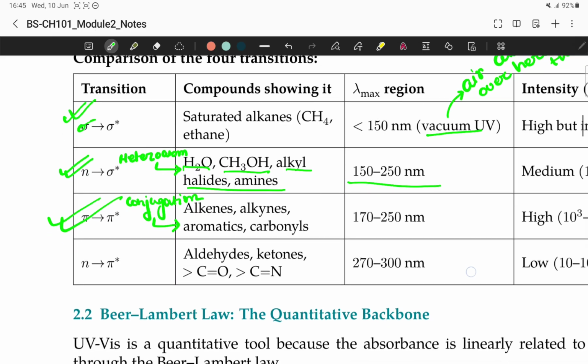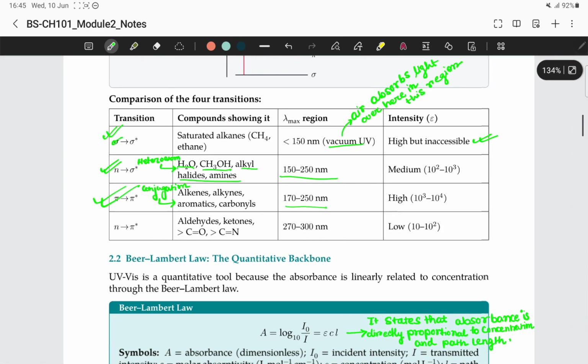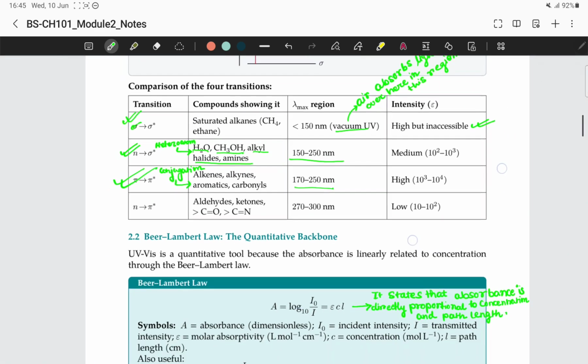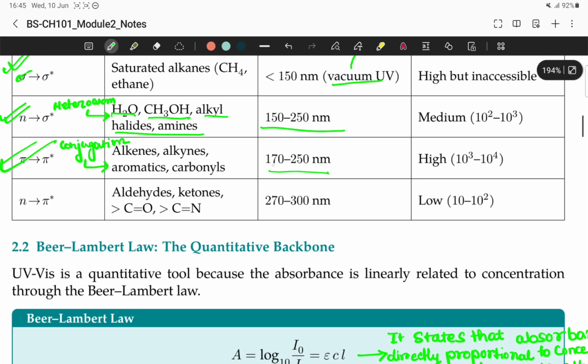This conjugation transition is found in alkenes, alkynes, aromatics, and carbonyls. It requires medium energy and is seen in the 170 to 250 nanometer range, and the absorptivity is 10 to the power 3 to 10 to the power 4.